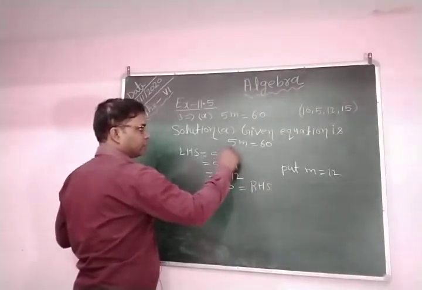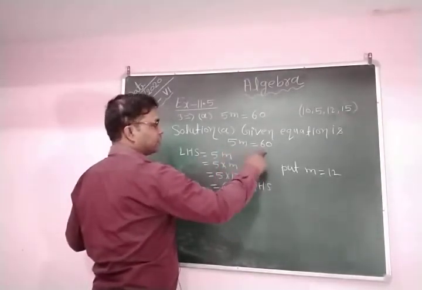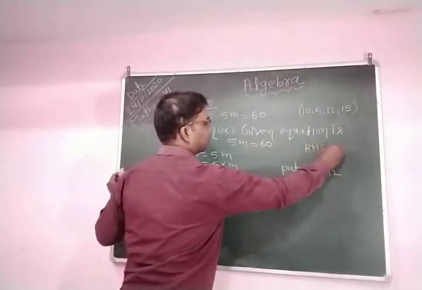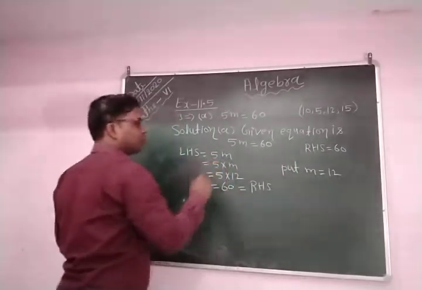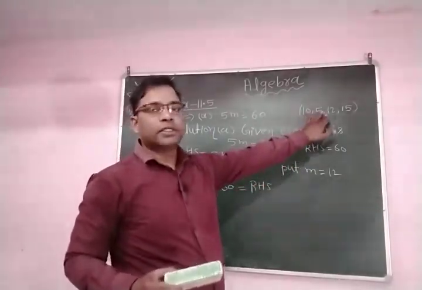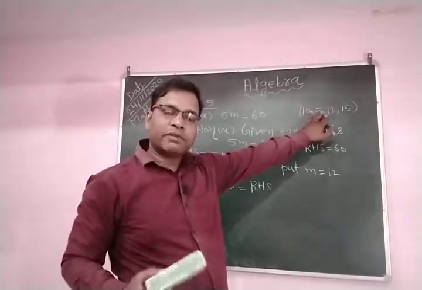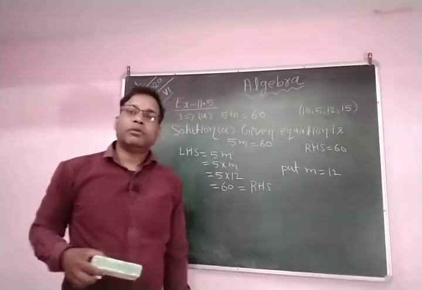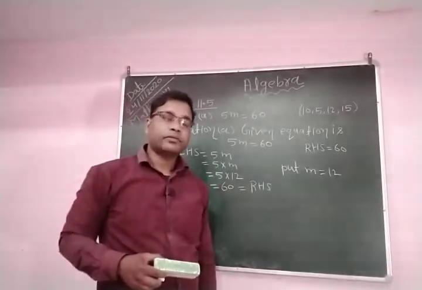This is the left hand side, this is the right hand side. So the right hand side is equal to 60 and the left hand side is equal to 5m. If you put any value from the given options, and at that value the left hand side and right hand side are both equal, then you can say that value is the solution of the given equation.